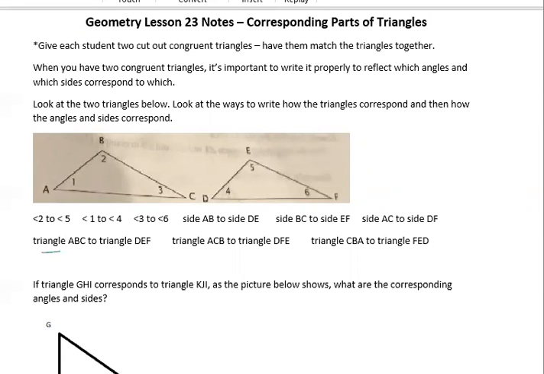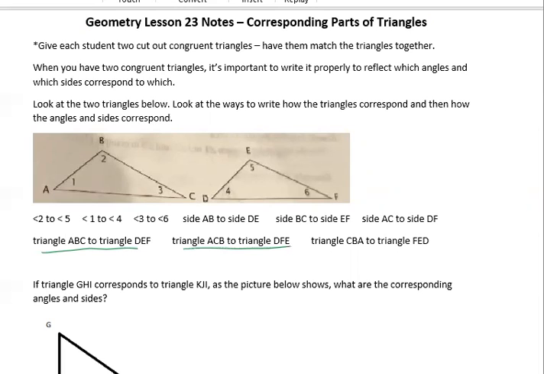I could start right here and say that triangle ACB corresponds to DFE. So if I start across the bottom on this one, then on this one that's facing the same direction, I'm going to start across the bottom because I can see that AC is the same size as DF. So those are the corresponding parts of the triangle.